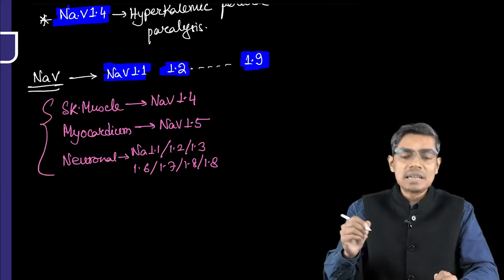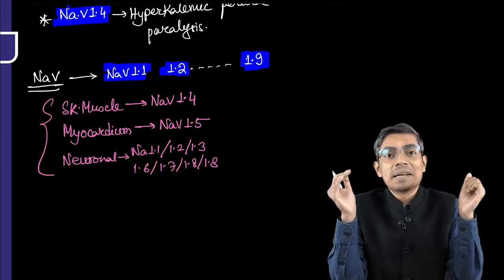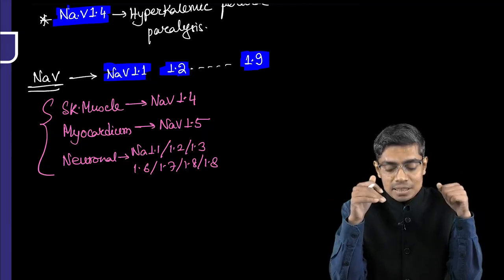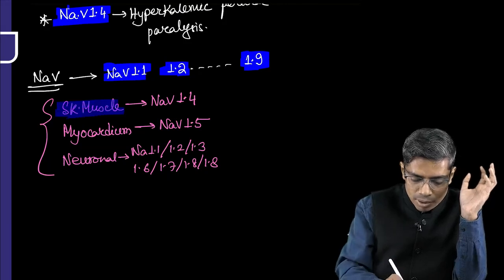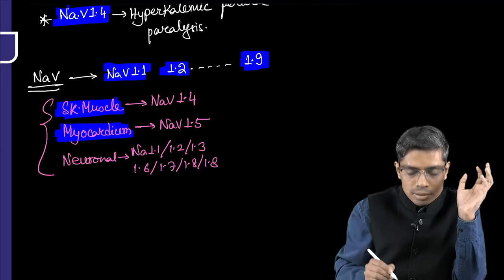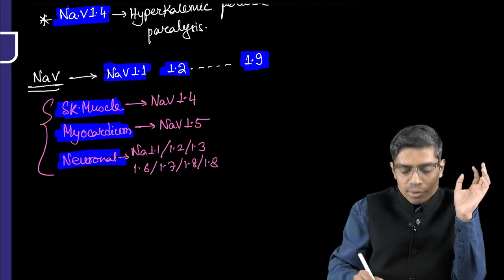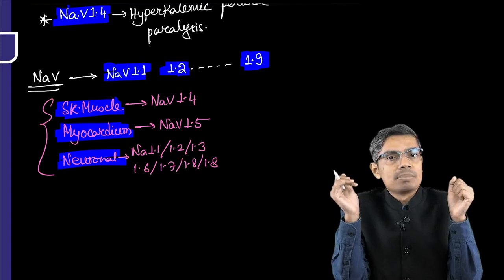Getting my point? So many subvarieties we are talking about in this class. Please try to remember: for skeletal muscle it is fixed at 1.4, for myocardium it is fixed at 1.5, and for neurons all the other types of sodium channels are present.